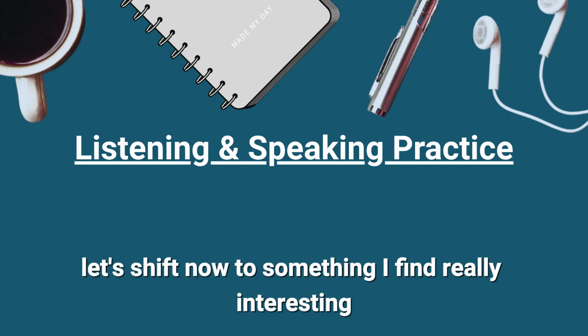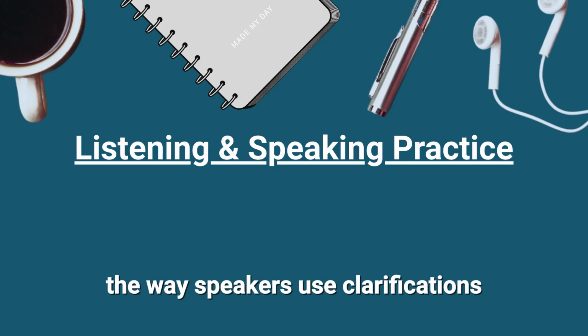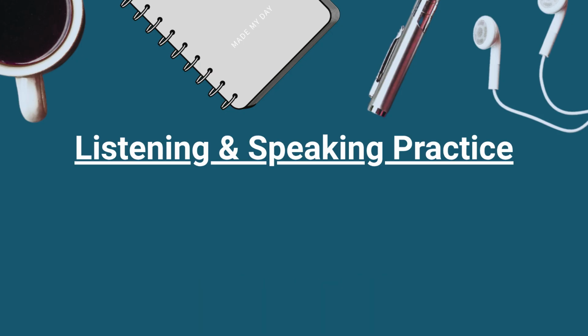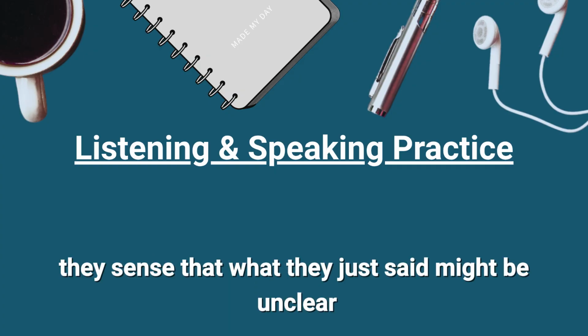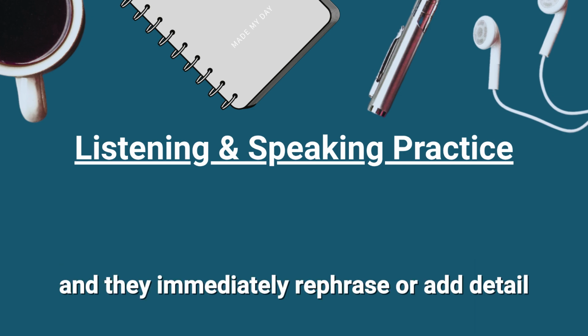Let's shift now to something I find really interesting. The way speakers use clarifications, not just examples. Sometimes a speaker doesn't give you a brand new example. Instead, they sense that what they just said might be unclear, and they immediately rephrase or add detail.